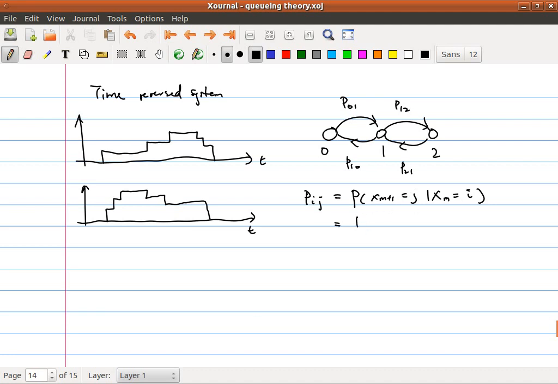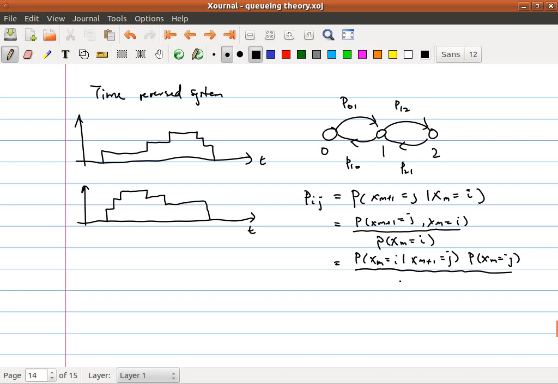This probability will be equal to P(X_{m+1} = j, X_m = i) over the probability X_m = i. Then I can use the Bayes rule again. I can rewrite this as P(X_m = i given X_{m+1} = j) times P(X_{m+1} = j) over P(X_m = i).